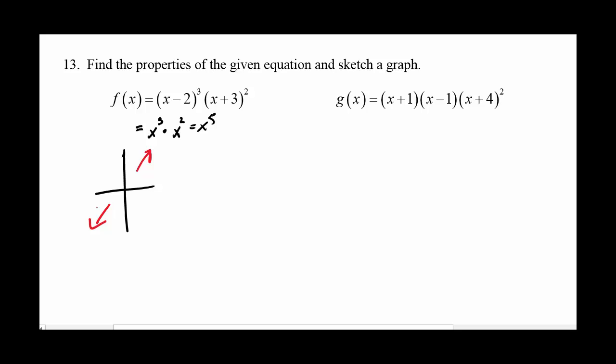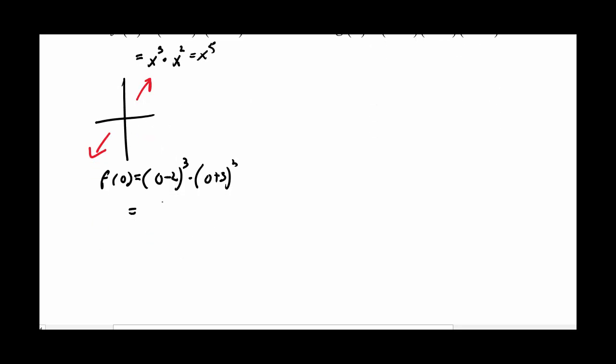The other thing that we can find is the y-intercept. So if I find f of 0, I get 0 minus 2 cubed times 0 plus 3 squared. So that would be negative 8 times 9, so negative 72.